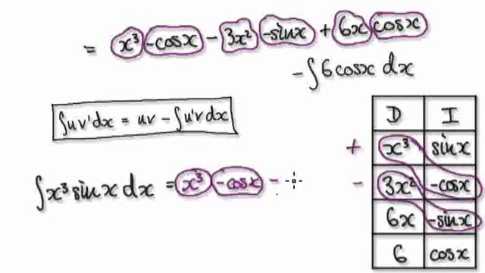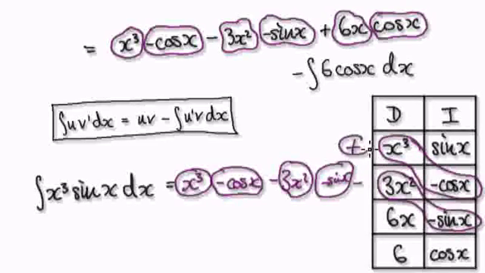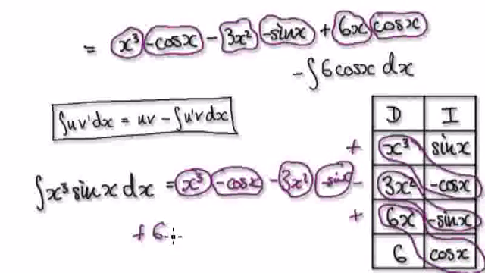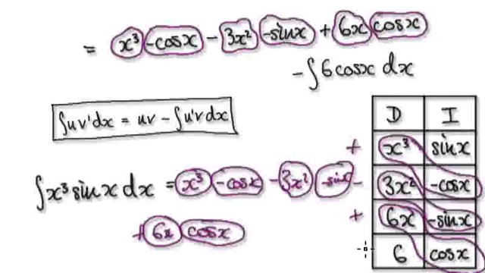So that would be a negative 3x squared times this thing here, which is minus sine of x. So this is positive, this is negative. The next one would be this times this, and it will be a positive. So positive, negative, positive. The next term will be a positive this times this. That would be 6x times cos of x.